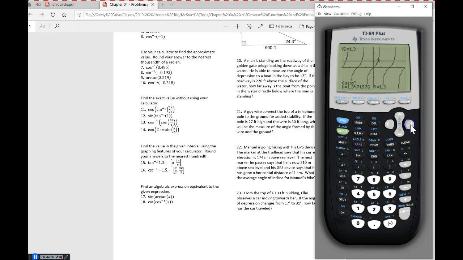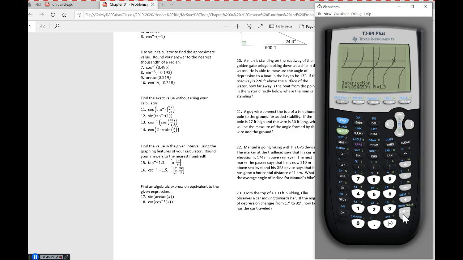I have to make sure I'm close to the one I care about so the calculator finds the right one. This is one of the few times where moving the cursor so that we have a good guess is important. And there's my 4.06.